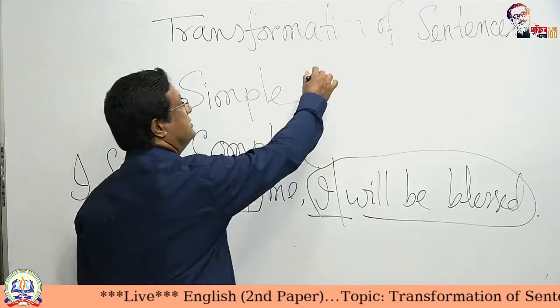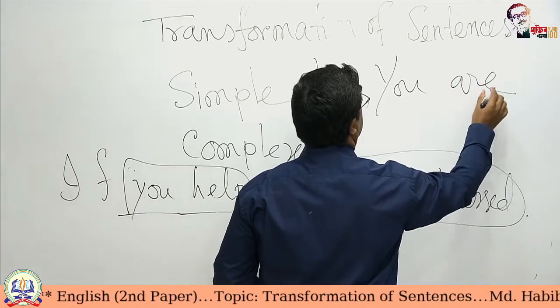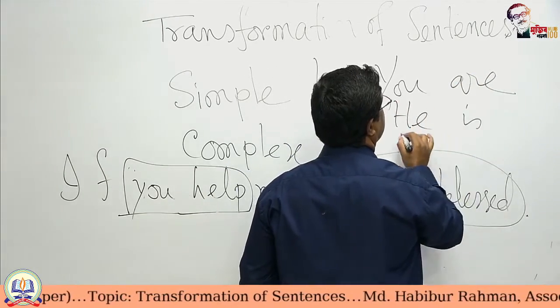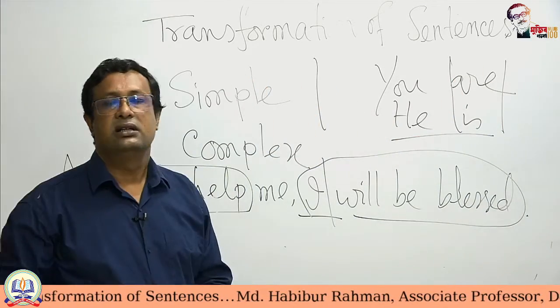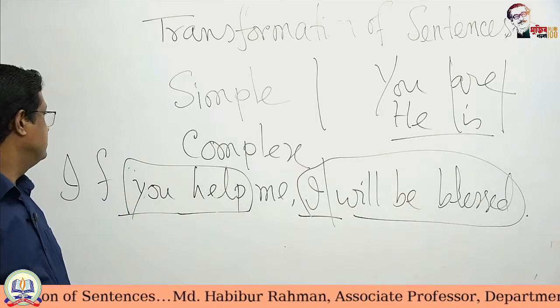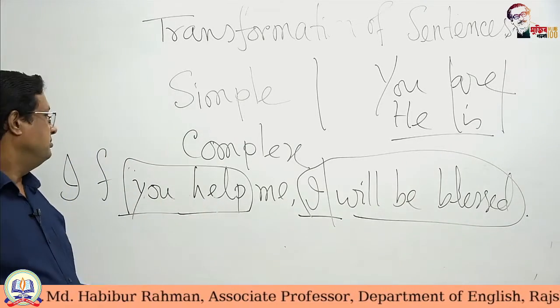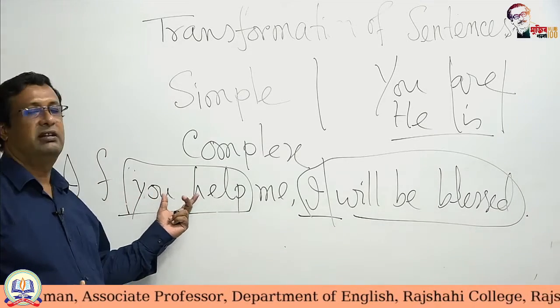How? Suppose we say you are, but he is. In this way, the be verb changes. And if there is a third person singular, suppose he helps, it will not be correct to say he help.